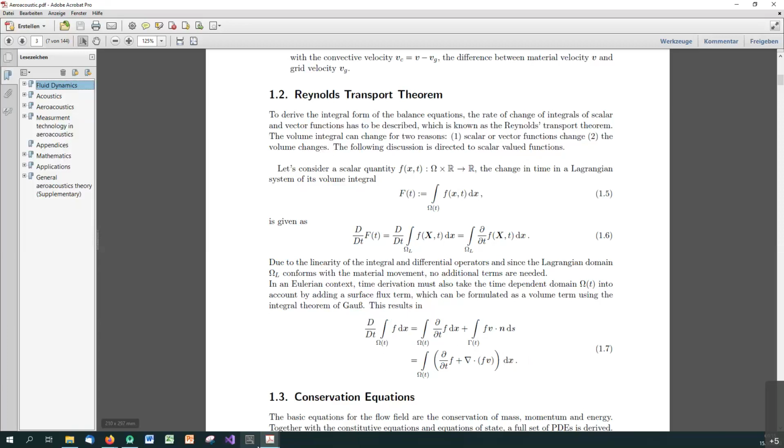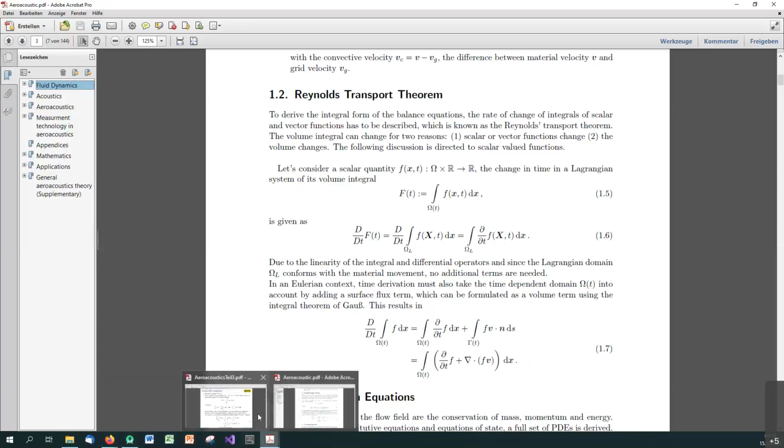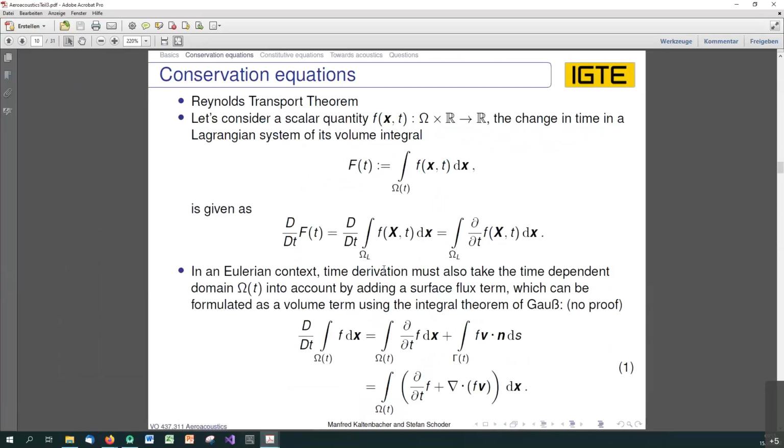And I think everyone heard it already. But anyway, in the experimental section you will have to derive this Reynolds transport theorem, and you can look up in textbooks how to derive it, and there you get some additional knowledge about what it means.